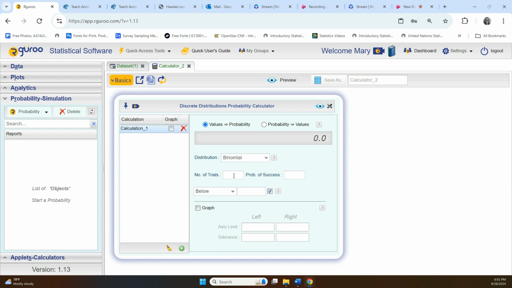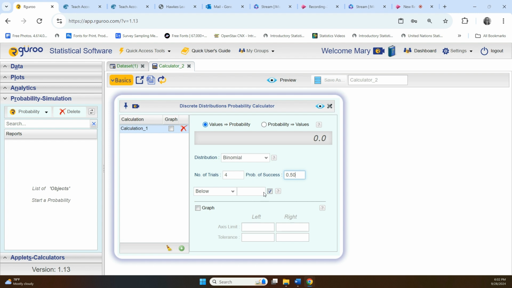The number of trials was our n, if you remember. Ours is 4. The probability of a success, the probability of it landing on a head on any given toss, is 0.50. That's 50%. So that's n and p.